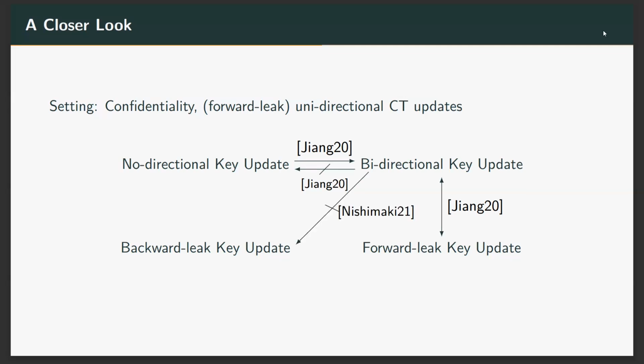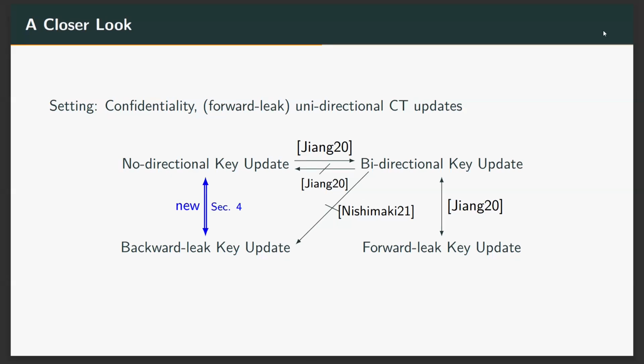The second work shows that starting from the bidirectional, you cannot imply backward leak key update. But what remains open is what this relation is. We don't know it. And also what is the relation here, right? If we are clear about the relation between no direction and backward leak, then we can imply the rest.